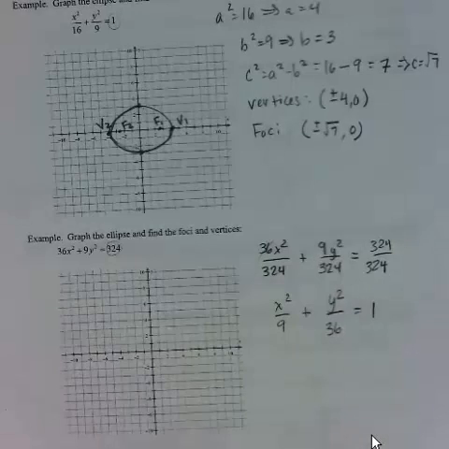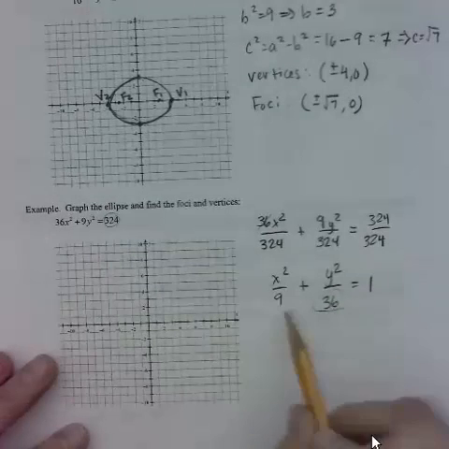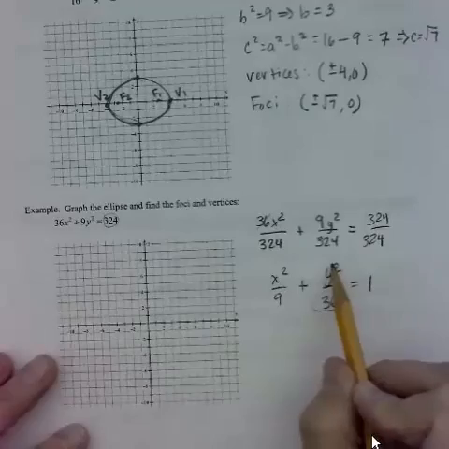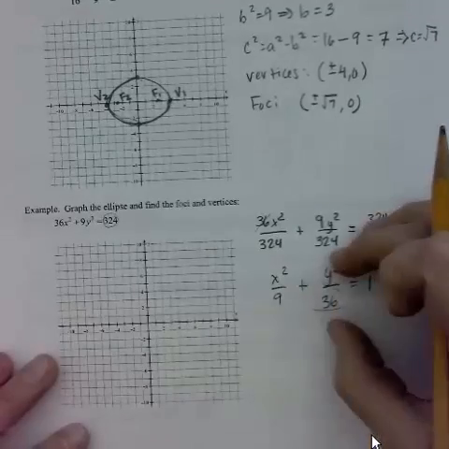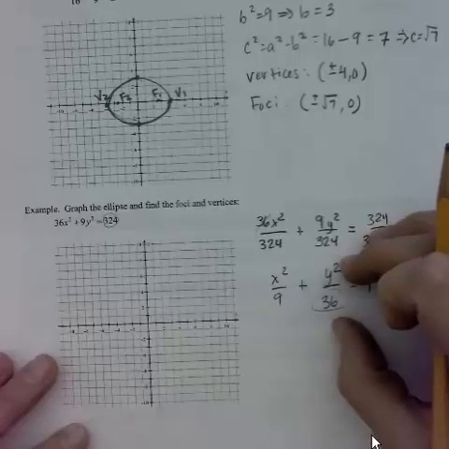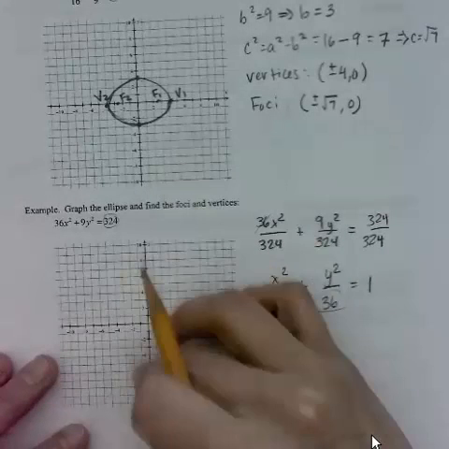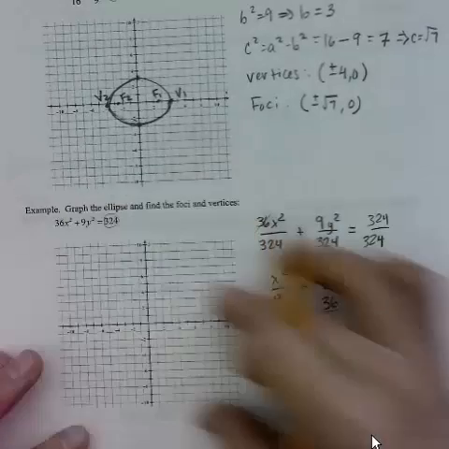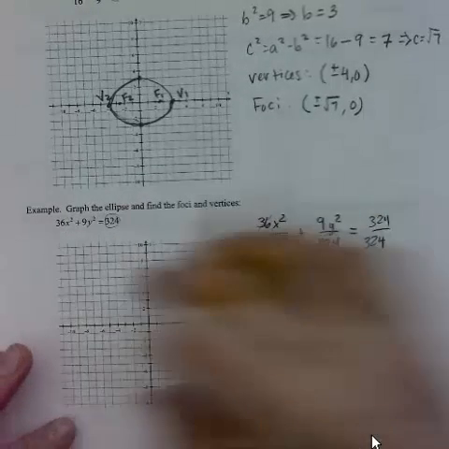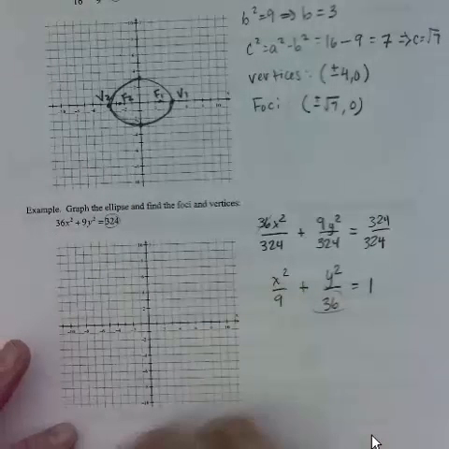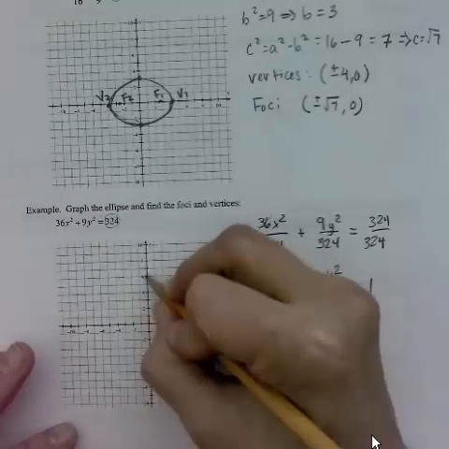So this is bigger, so that means the major axis runs alongside y, parallel to the y-axis. And I'm saying it's actually on the y-axis, but once the center shifts, that's not always the case. So that's why I just think of it as parallel to y, because it can go somewhere else later. All right, so up 6, down 6, those are the vertices.